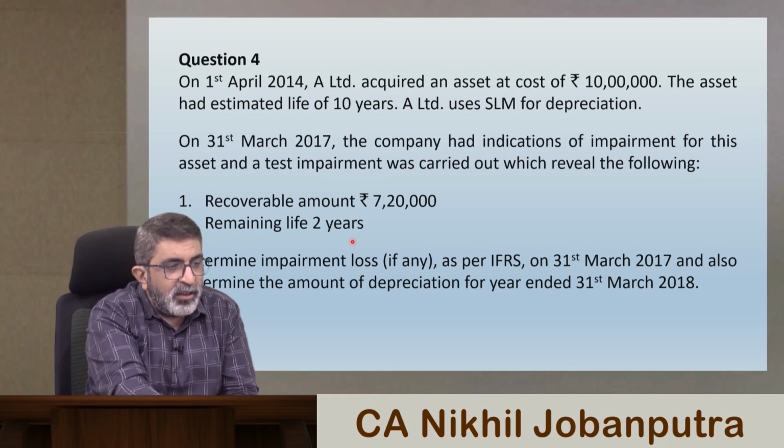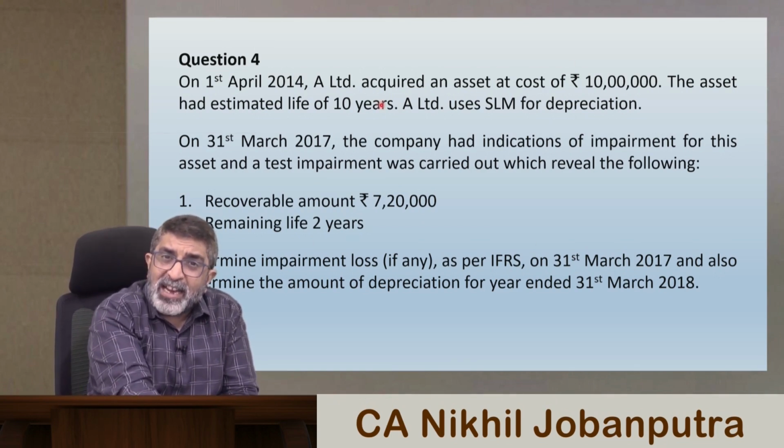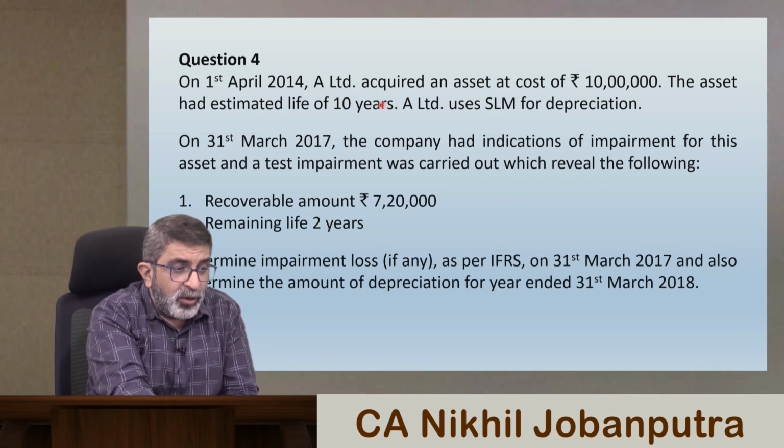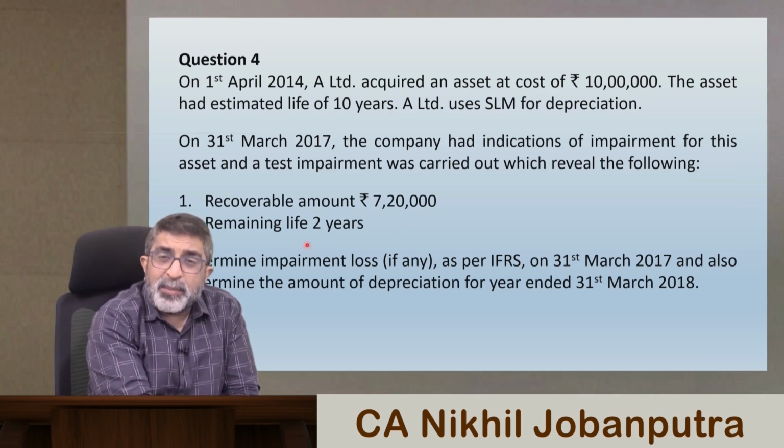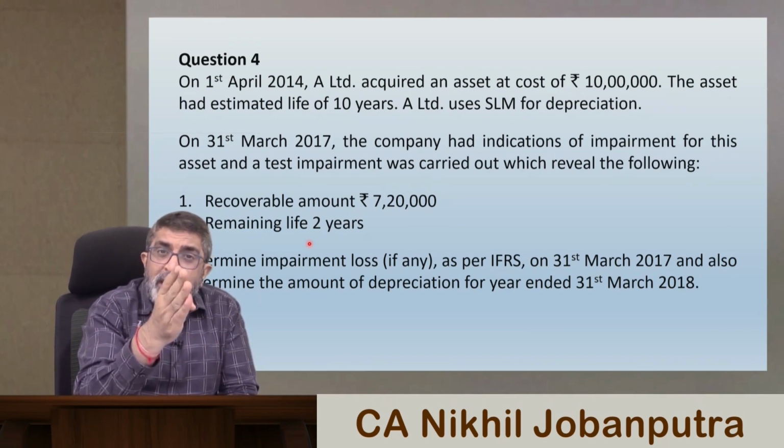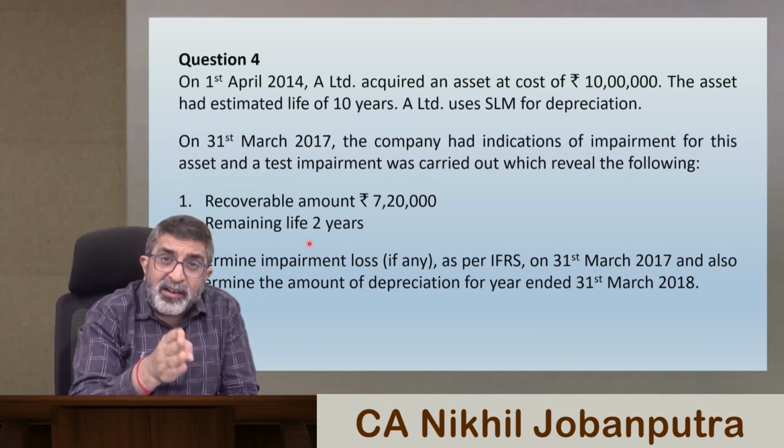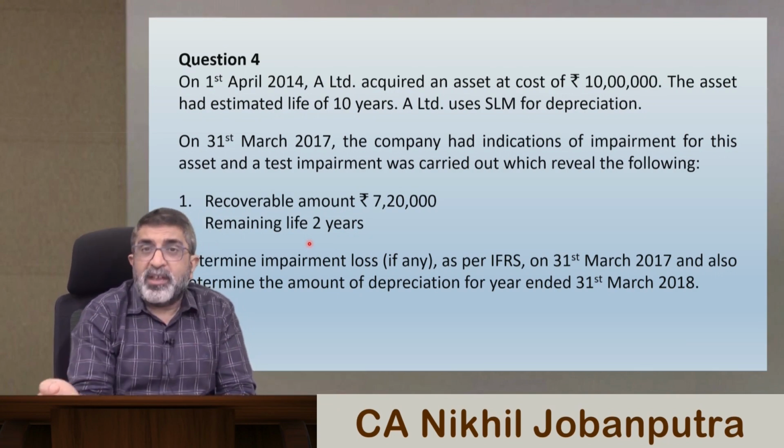As a result, 3 years of the asset life has passed and original estimate of life was 10 years. Now it shows that the remaining life is 2 years. As a result, what you are going to do? You are going to depreciate the remainder carrying amount over just 2 years.